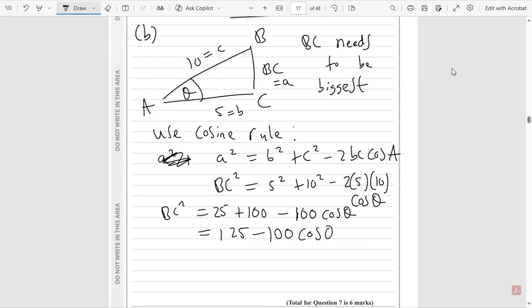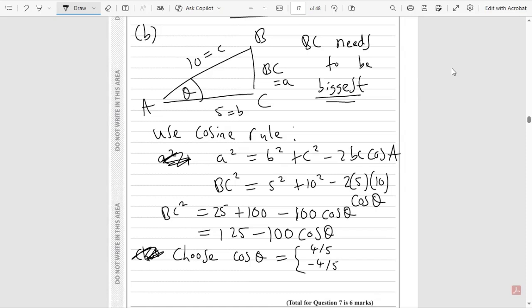So again, if we want to make BC as big as possible, we need to maximize this value of 125 minus 100 cos theta. So which cos value are we going to choose? Are we going to choose 4 over 5, or are we going to choose negative 4 over 5? Because remember from part A, we had these two options there.